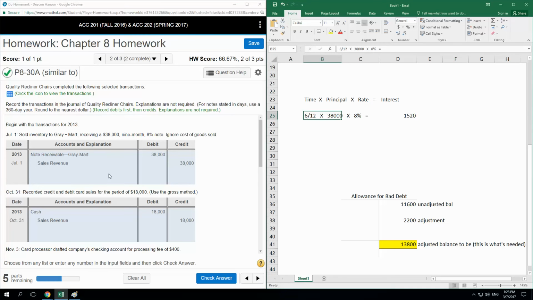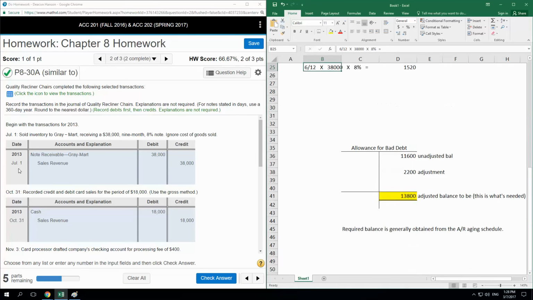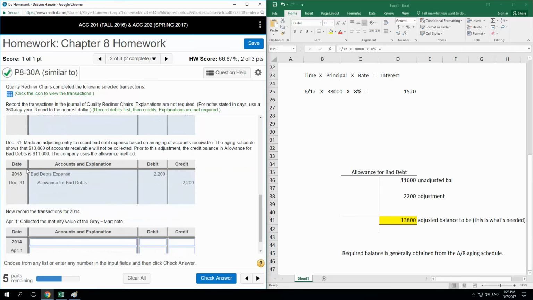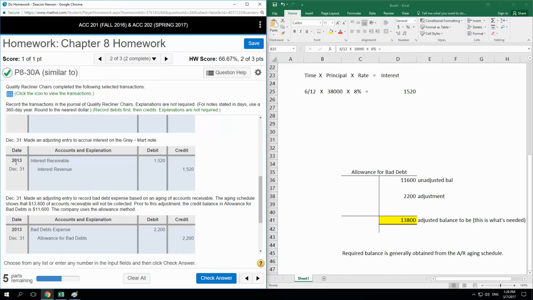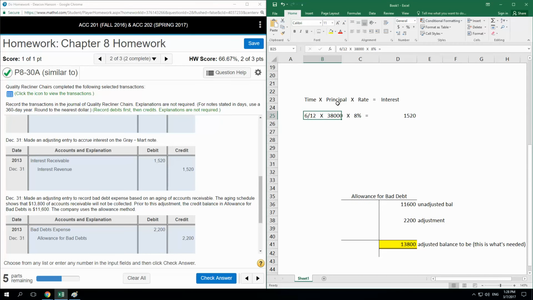Okay? And that was done on July 1st. So from July 1st to the date that we need to make the adjustment on, which is December 31st, that's 6 full months. Okay? So I'm going to take 6 divided by 12 because that's the fraction of time that went by. 6 out of 12 months.